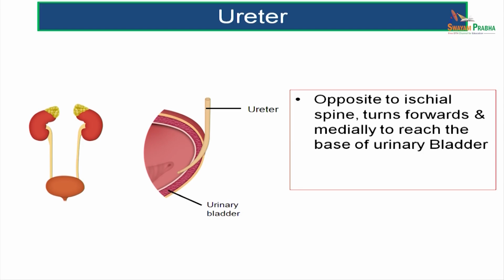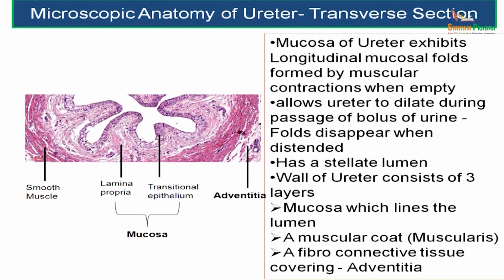Having studied the gross anatomy of ureter, let us now go into the microscopic anatomy of ureter, transverse section. This is the histological picture of ureter. You can see that the mucosa of the ureter exhibits longitudinal mucosal folds.